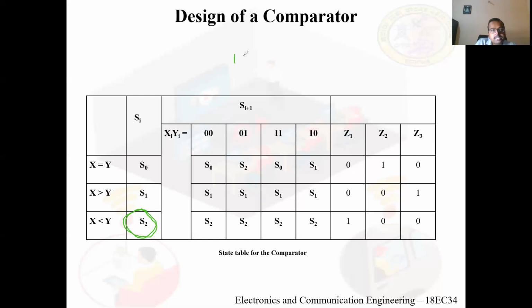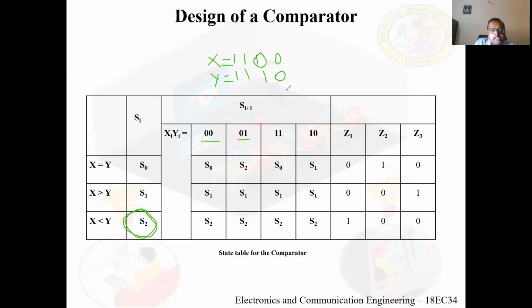We have, as already explained in the previous slide, we'll make this as 0 here. This is 1, this is 1, and this is 1. This is for X, and this is for Y. Now, next we have here 0, 0 and 0.